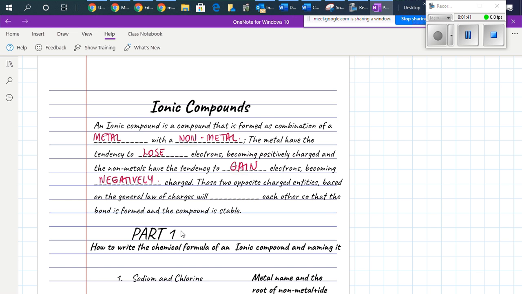You know, even from the general law of electricity, that two opposite charges will attract each other.